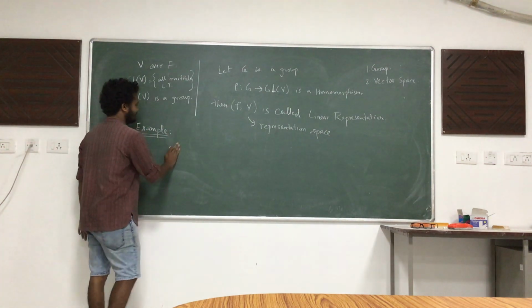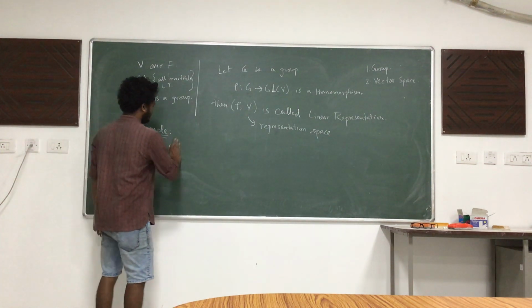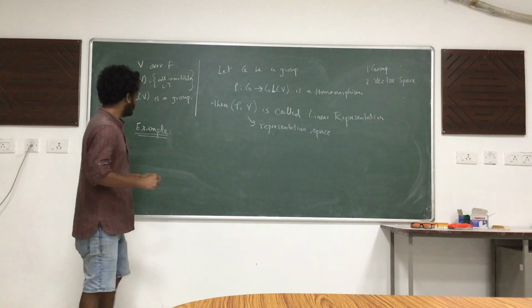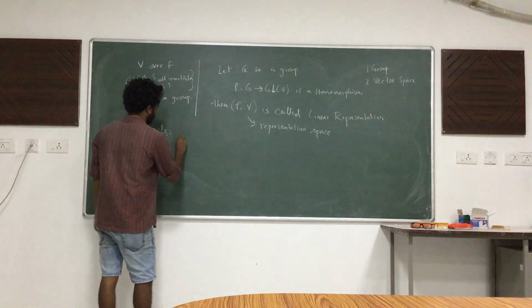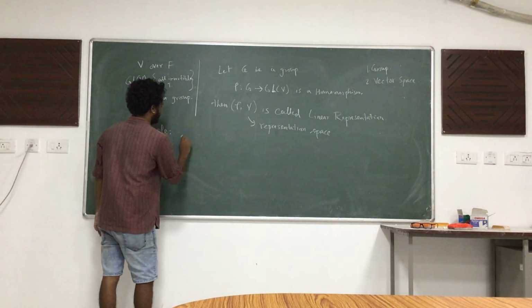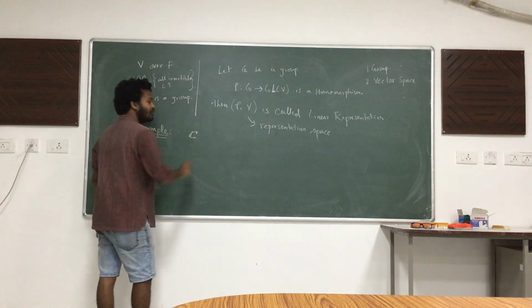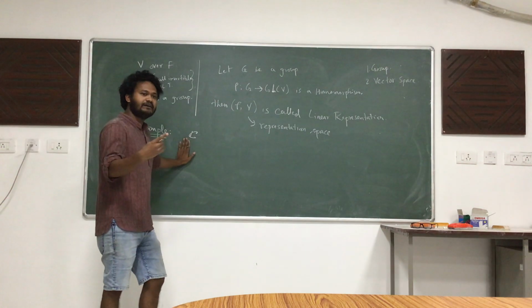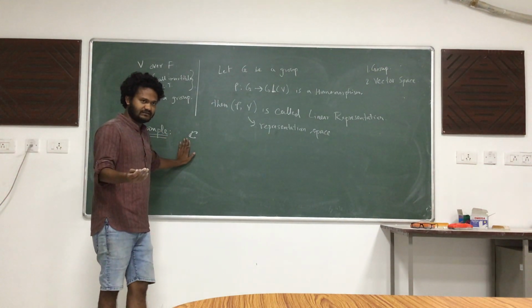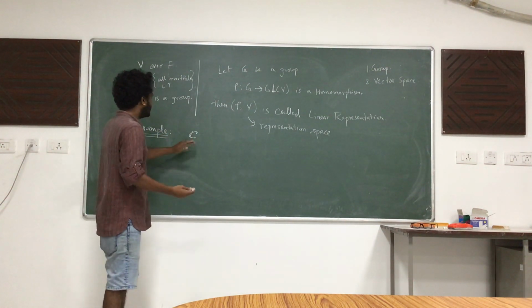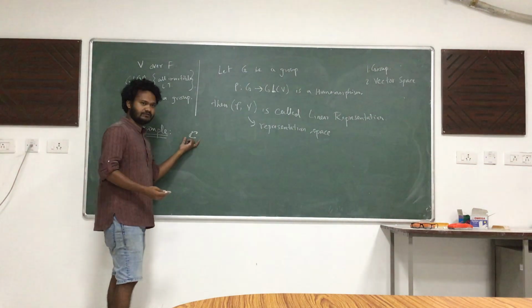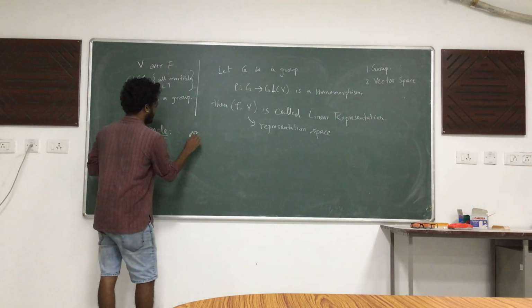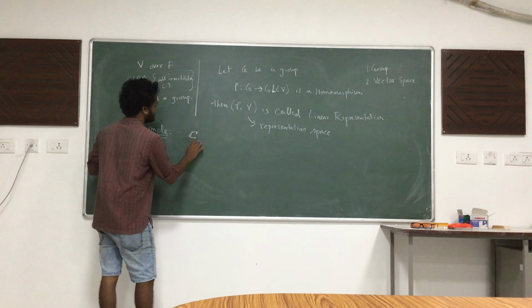One of the simplest examples: earlier we showed that a field itself is a vector space, say the complex field. What is GL of this vector space?